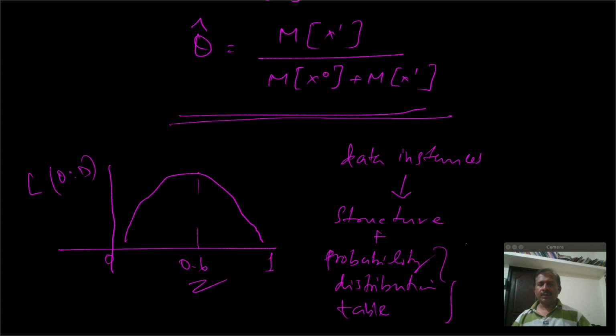So this finishes this lecture. We will see a general case. Here we have only taken theta as taking binary values, theta as success and 1 minus theta as failure, but this theta can be multinomial, so it can take multiple values.